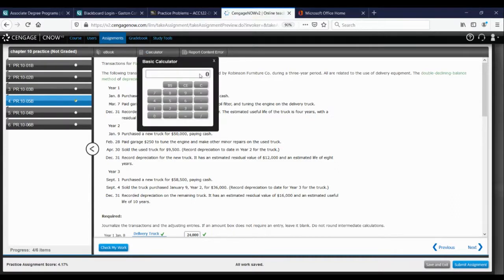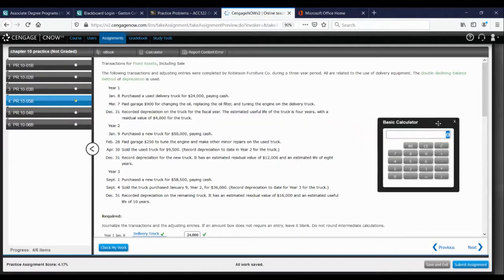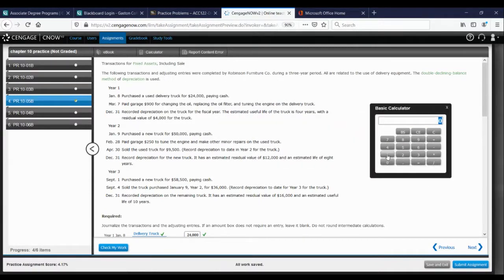Remember, when we calculate our straight line rate, we take 1 and divide it by the number of years in the life of the asset, which in this case is 4 years. That gives us a straight line rate of 25%. When we're using the double declining balance method, we have to use twice the straight line rate. So I'm going to multiply this 25% times 2 to get our depreciation rate, which is 50%.